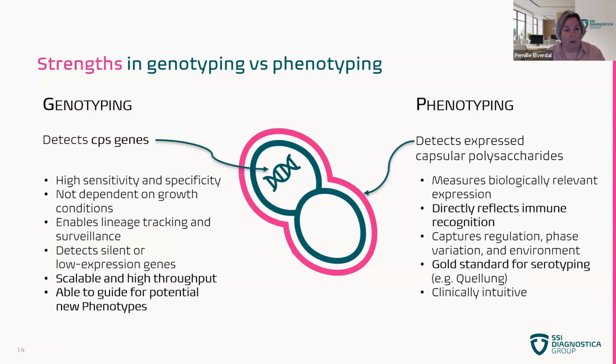But what are the strengths of the two methods? Within the genotypic method, it has a high sensitivity and specificity. It's not dependent on how well the bacteria grow on a plate, and it enables lineage tracking and surveillance. It detects the silent and also the low expressed genes in the bacteria.